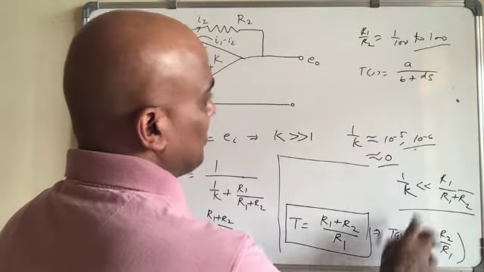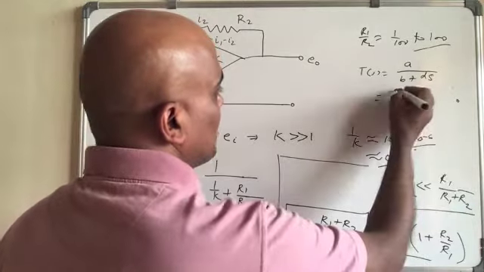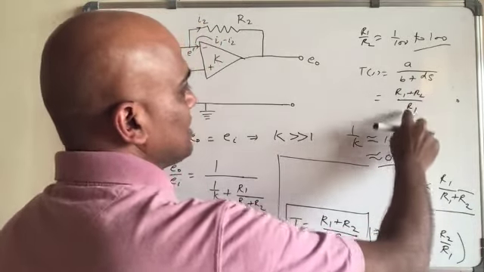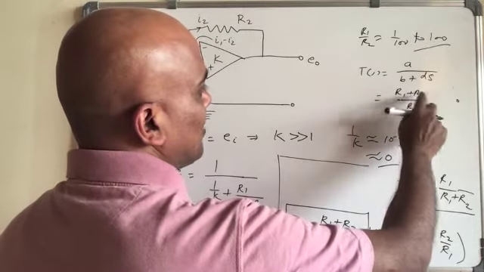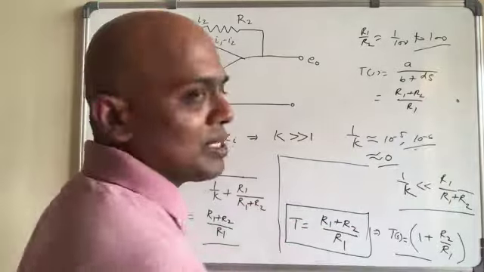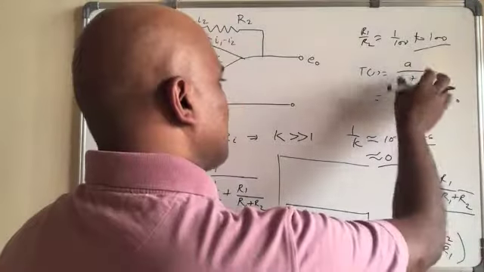In this case, T(s) has to be (R1 plus R2) over R1. So if R1 is equal to this and R1 plus R2 is equal to this, some negative thing comes into the picture, so it becomes difficult.